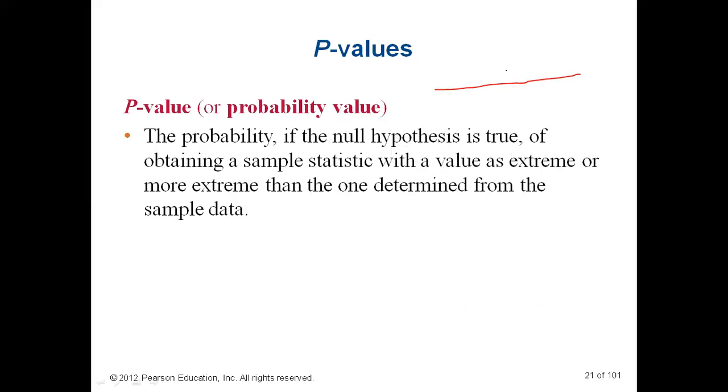Suppose this is our bell curve represented by the normal distribution. We know the area of this curve, the cumulative probability of all this area, is 1.